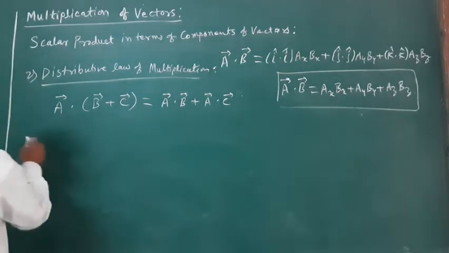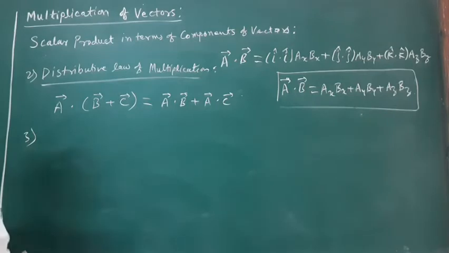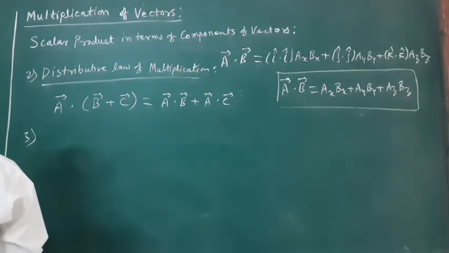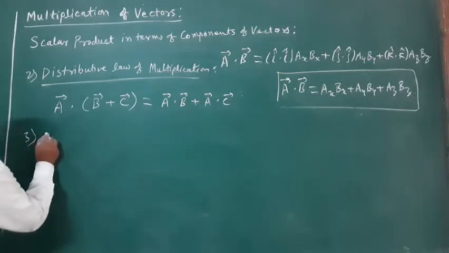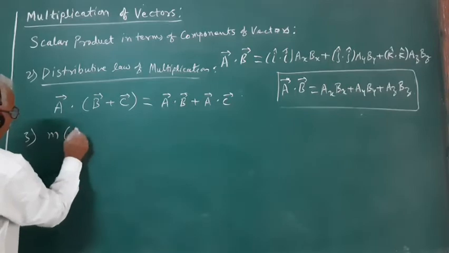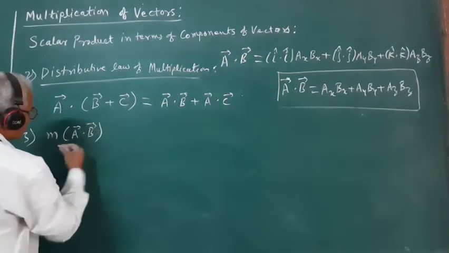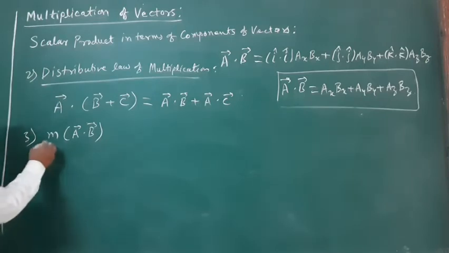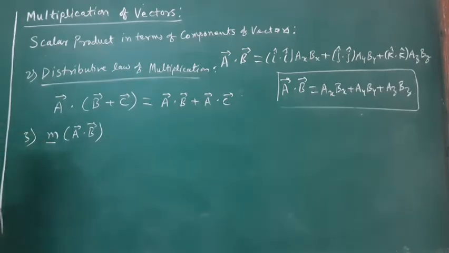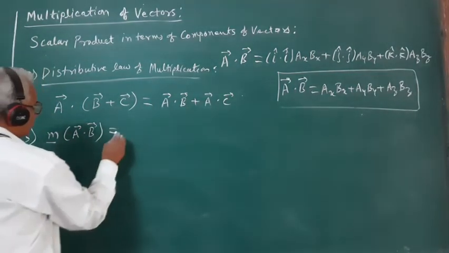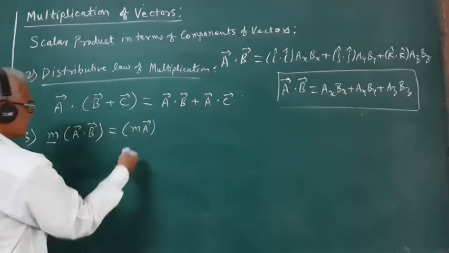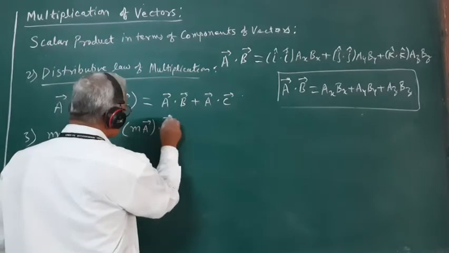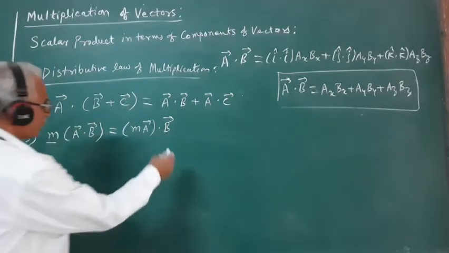And the third law that is obeyed by the scalar product or the dot product of the two vectors is when we multiply the dot product by a scalar n. Suppose we want to multiply the dot product of two vectors, say a bar and b bar, by this scalar n. How to evaluate this product? It can be evaluated by first multiplying the vector a bar by the given scalar n and then taking the dot product with the vector b bar.